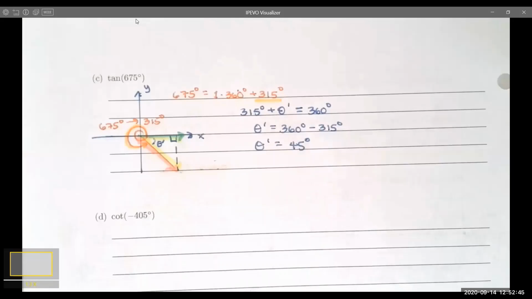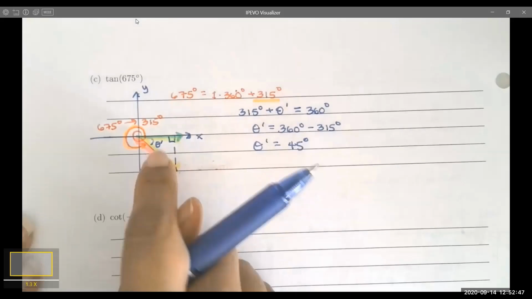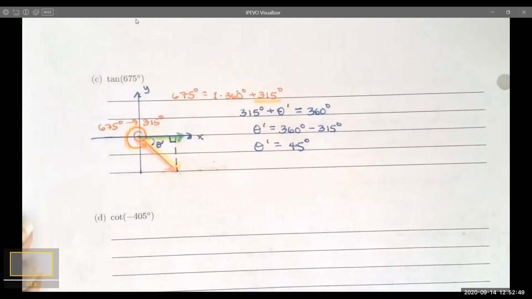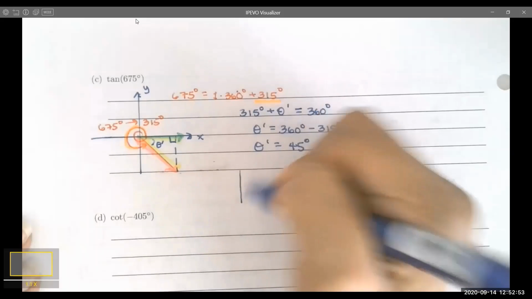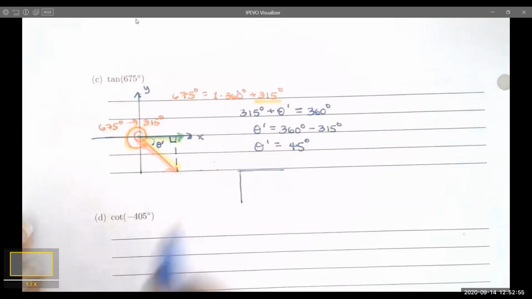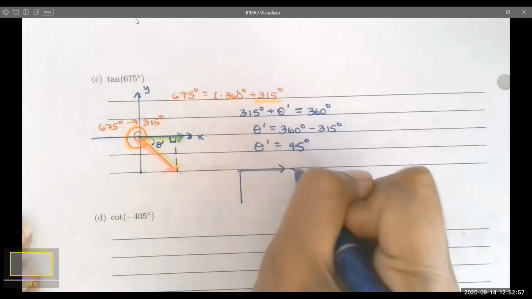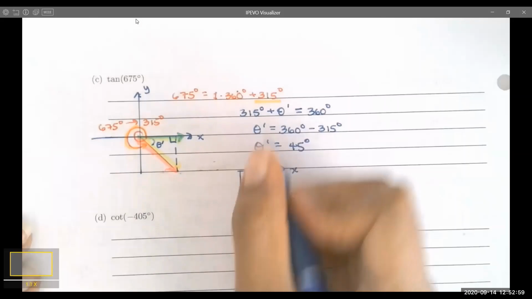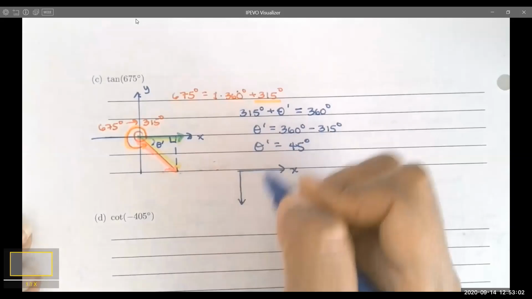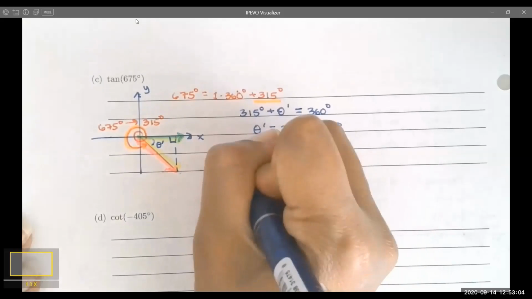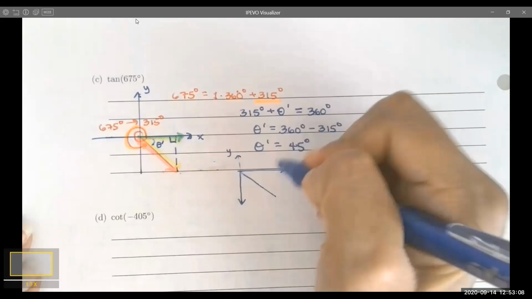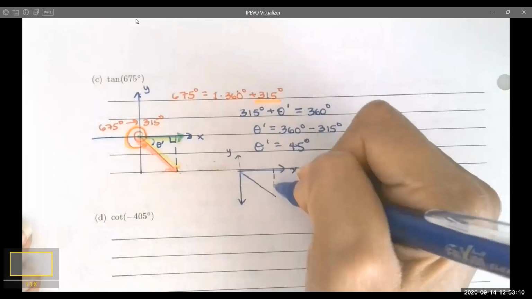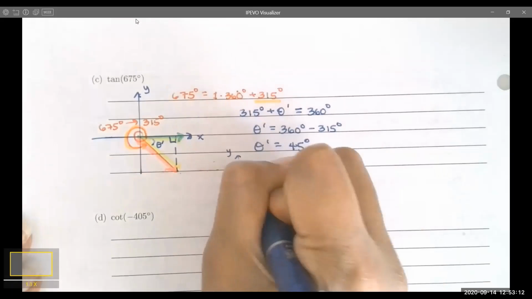Okay, so now I'll draw a right triangle. Knowing that this is now 45 degrees, it might actually help to redraw that same diagram by itself, focusing on quadrant number 4. So this is x, and this is y, but it's the negative part of y, so y would continue that way. Now we have a right triangle where this angle is 45 degrees.